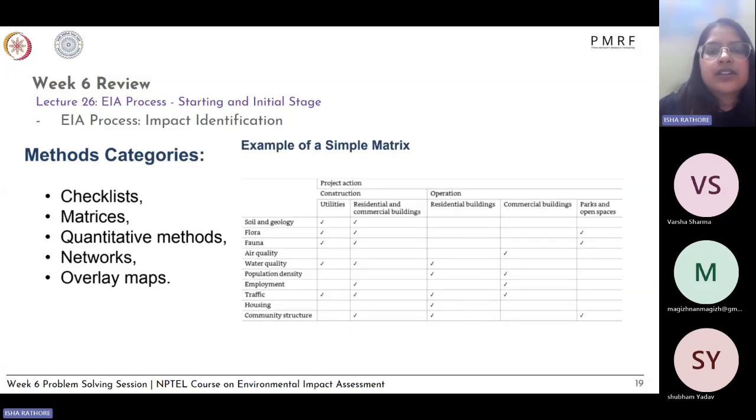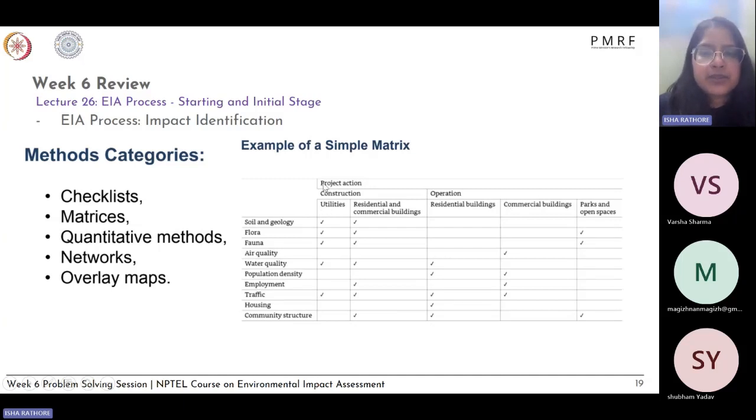Then you can have a simple matrix where you list out the different environmental parameters like soil, flora, fauna, air quality, employment, traffic, housing, all of the parameters you have identified on which you are measuring the impacts of the development of the project. And this simple matrix can have the different stages of the development of the project, like construction and operation.